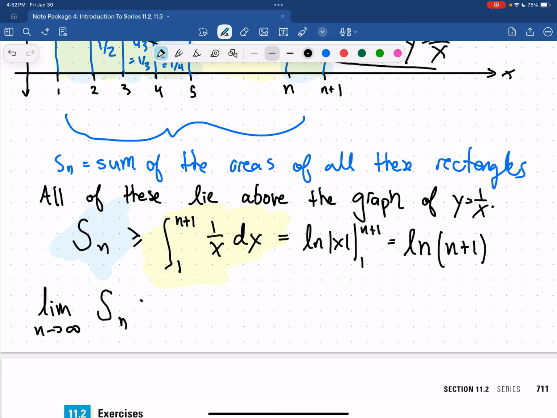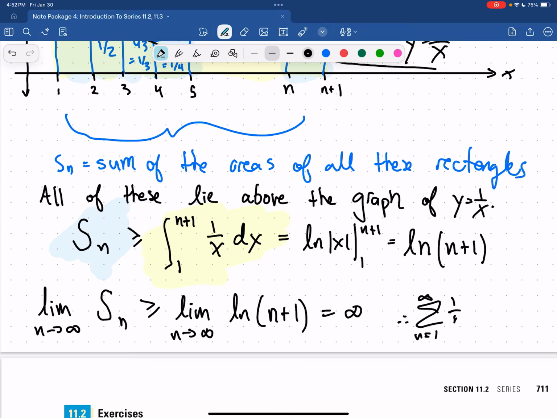Based on this inequality, it must be greater than or equal to the limit as n goes to infinity of natural log of n plus 1, but that's infinity. So it diverges, just based on the definition of divergence for sums.